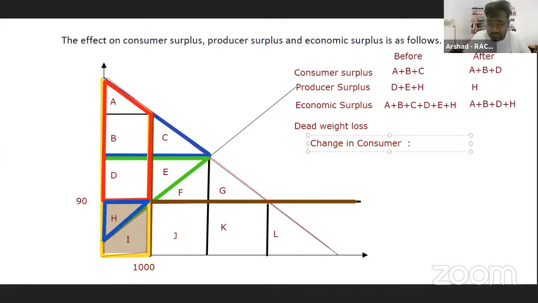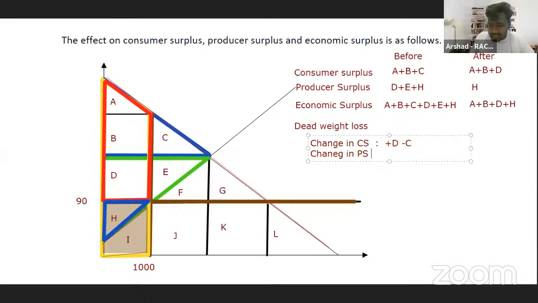He is getting D, but he is losing C. So I am saying plus D because the consumer is getting D, minus C because he is losing C. Are we okay there? Earlier A, B, C, now A, B, and D. Okay, that's fine. In the same way, can you tell me the change in producer surplus?